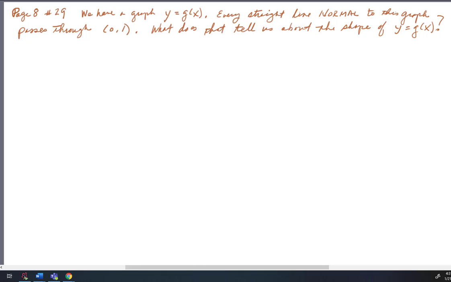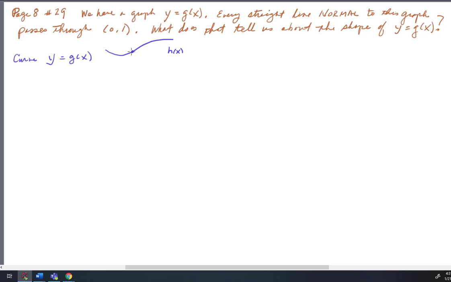If we think about the curve y equal g of x, then we would know that a normal to the curve, let me take a second here and remind you of what a normal of the curve looks like. Let's say this is some curve, not g, just some curve h of x.